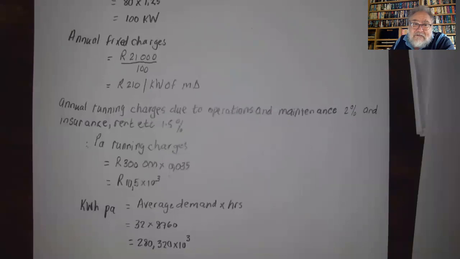So the running charges is 300,000 times 0.035, which gives us 10.5 thousand. The kilowatt hours is the average demand times the hours, which is 32 times 8,760, which gives us 280.32 times 10 to the power of 3.